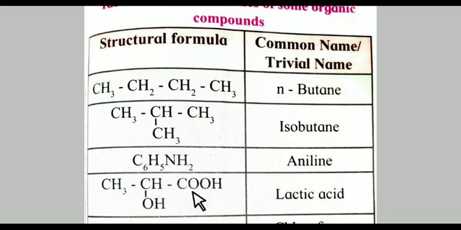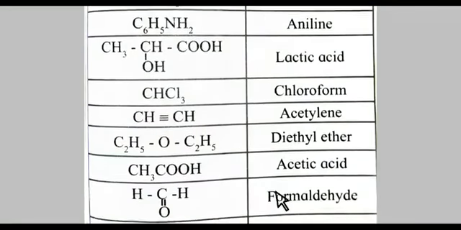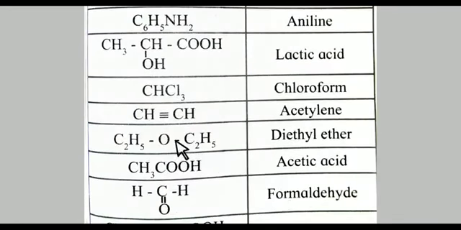For example, aniline, lactic acid, chloroform, acetylene, diethyl ether. See here, oxygen is there. As you have seen, the functional group NH2 means amine. When it is attached with C6H5 it is aniline. COOH and OH, it is lactic acid. Halogens attached with carbon, chloroform.